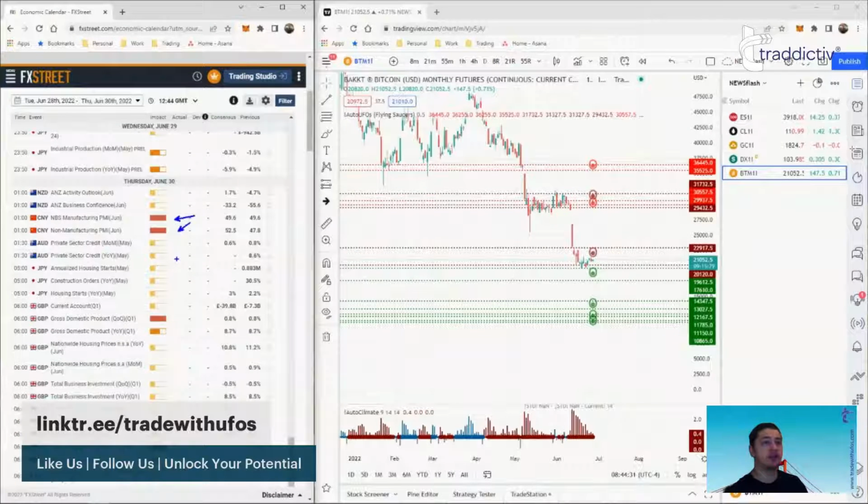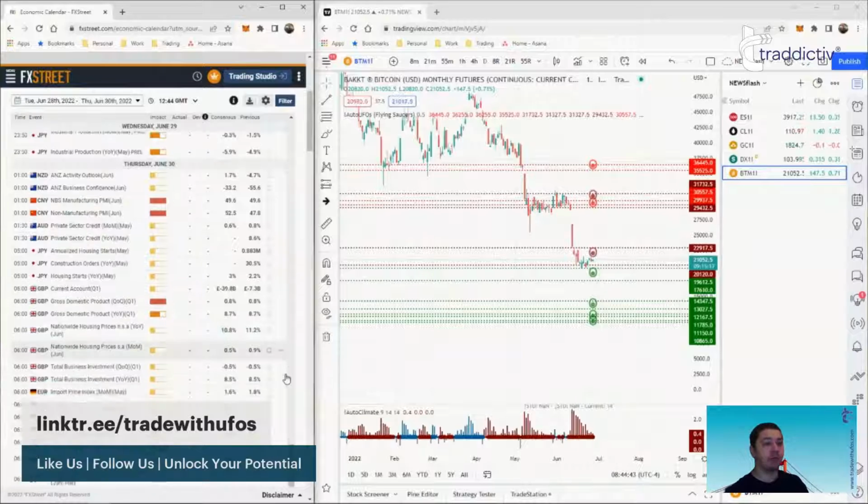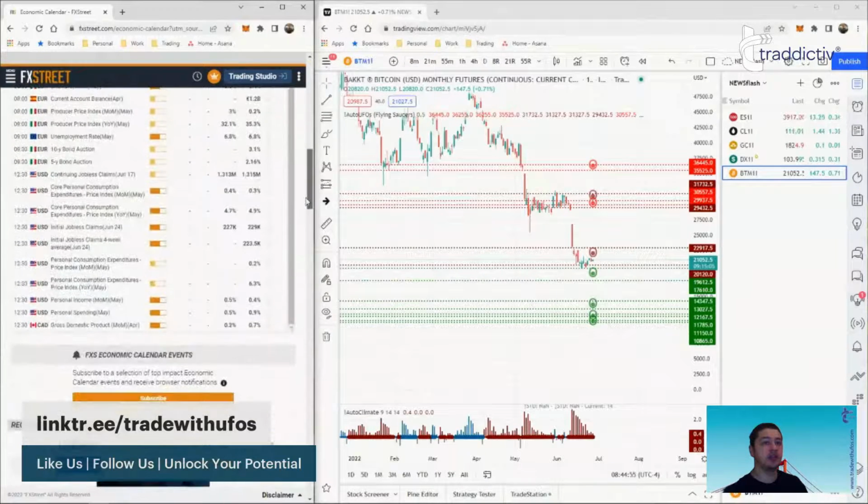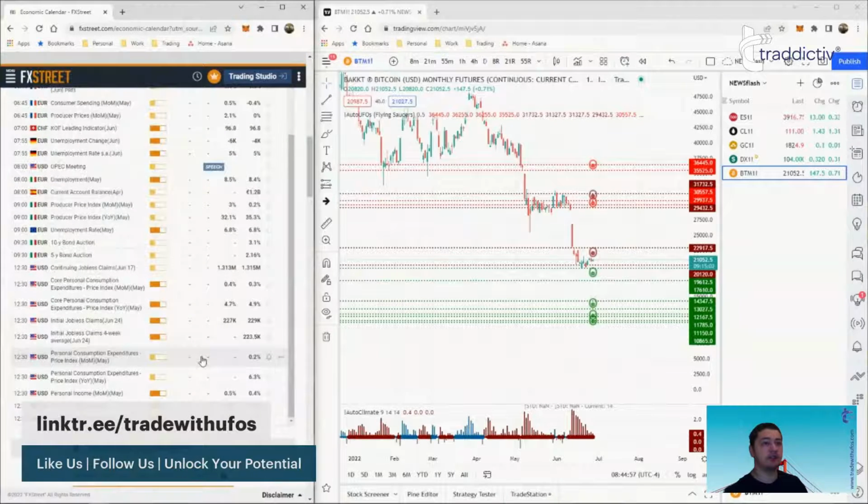NBS manufacturing and non-manufacturing PMI in China, GDP also in Great Britain. As I mentioned, GDP in Britain. We have retail sales in Germany, which is also a big indicator of how the European Union is doing. And then it looks like that's that for the news week.